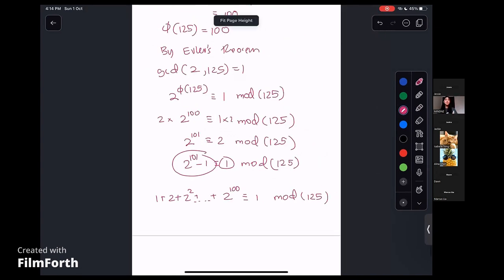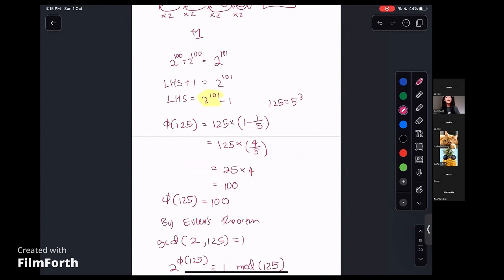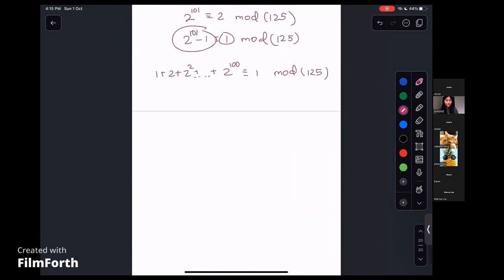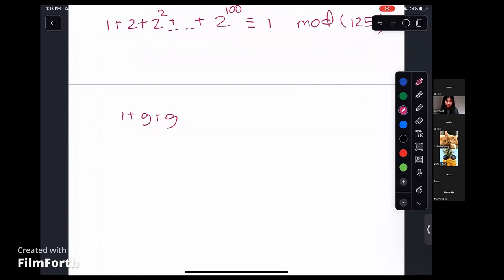Is everybody following? Yes? Okay, great. If anyone is interested, a geometric series is one where there's a common multiplicative ratio between terms, something like this.